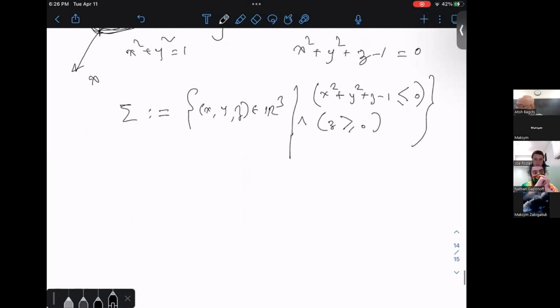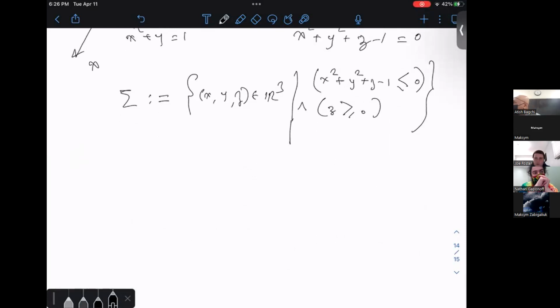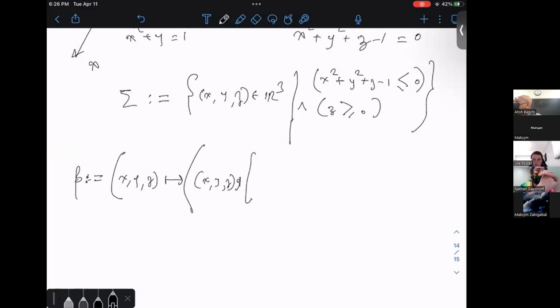Okay. So now let's take some vector field which I want to integrate with this. So what vector field shall we take? Beta is equal to xyz. Shall we take the same one as we did before, or something else? 0, 0, xy.